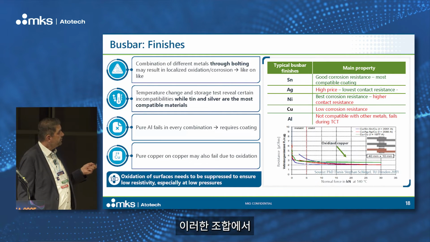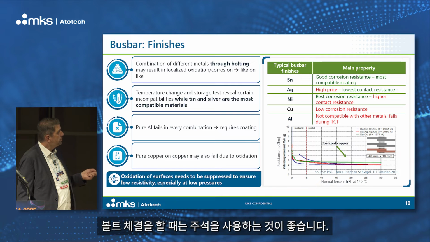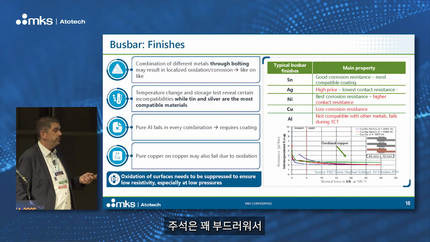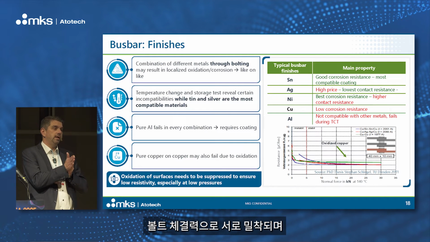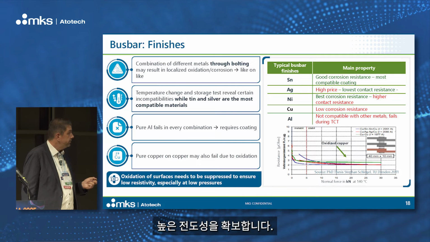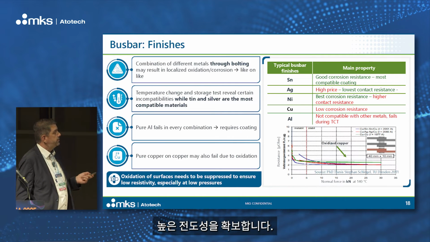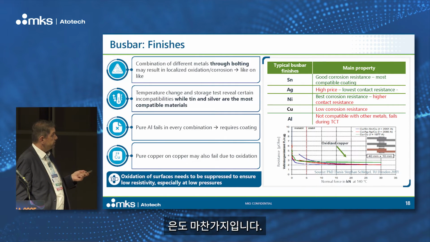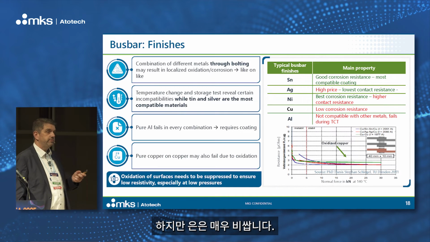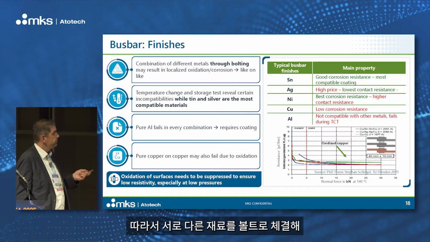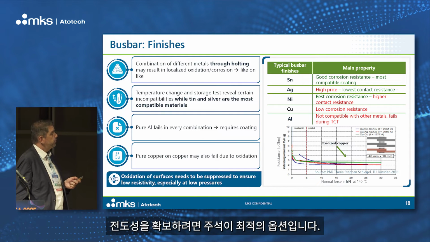For this kind of combination, when we bolt, we should use tin. Tin is quite soft, so if you bolt it, it will connect to each other by the bolting force and ensure high conductivity. The same is true for silver, but for sure silver is very expensive. So tin is here the best option to use if you want to bolt different materials to each other and with this ensure conductivity.